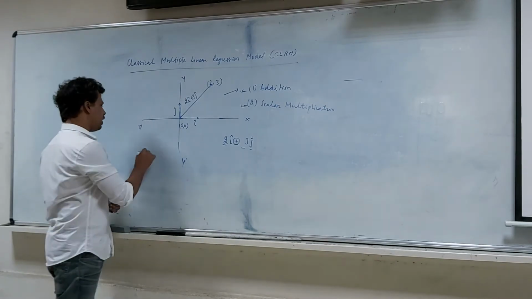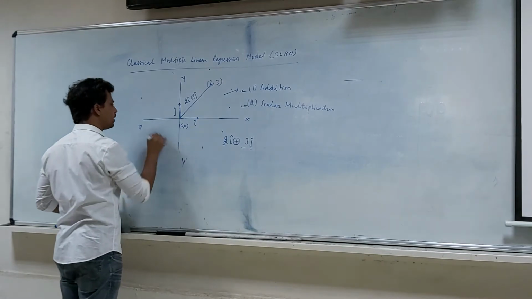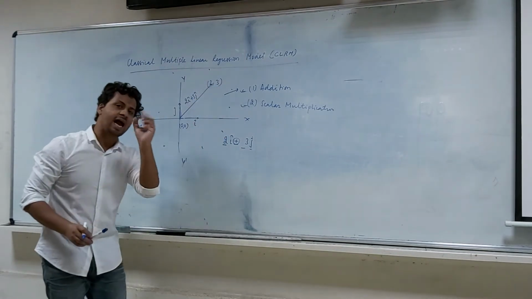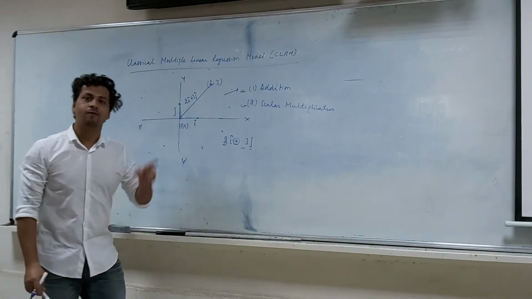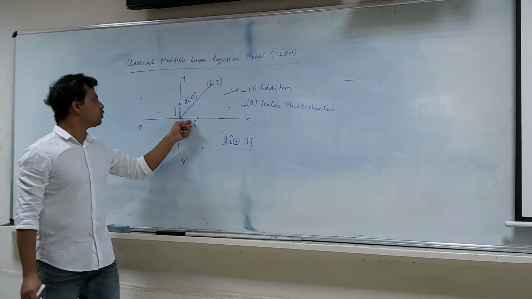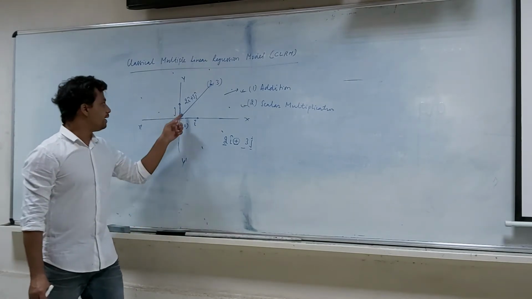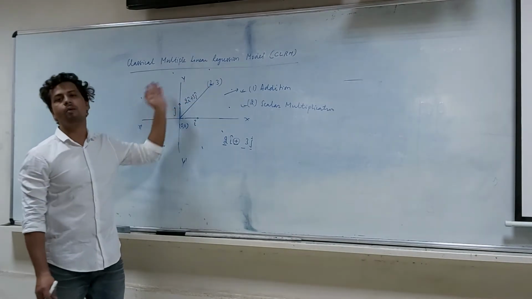I can reach a point here, here, here, here. Any point on this plane can exactly be described by these two unit vectors. And why precisely so? Because these two unit vectors are entirely independent of each other. And any such combination of these two unit vectors is called a linear combination of vectors.